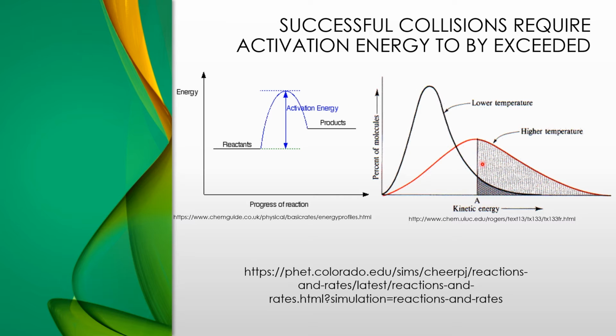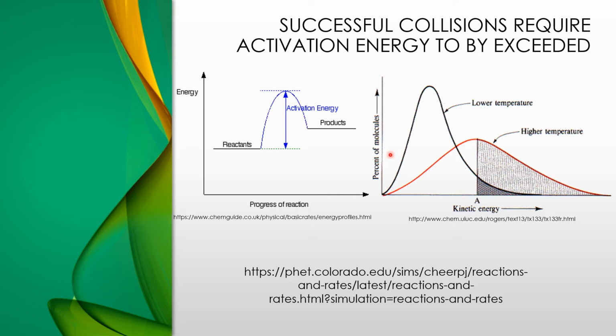Now, if we look at the graph on the other side, it gives us a slightly different visual representation of that idea. What we have on this graph is an x-axis, which shows the kinetic energy of particles. And on the y-axis, we see the percentage of molecules that have that certain amount of energy.